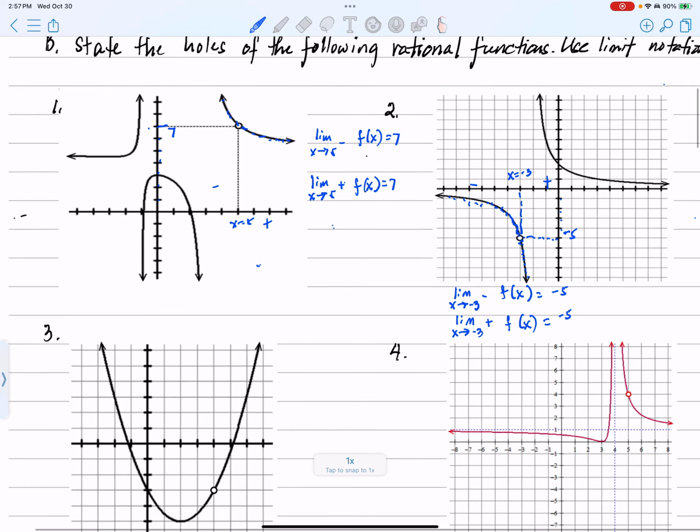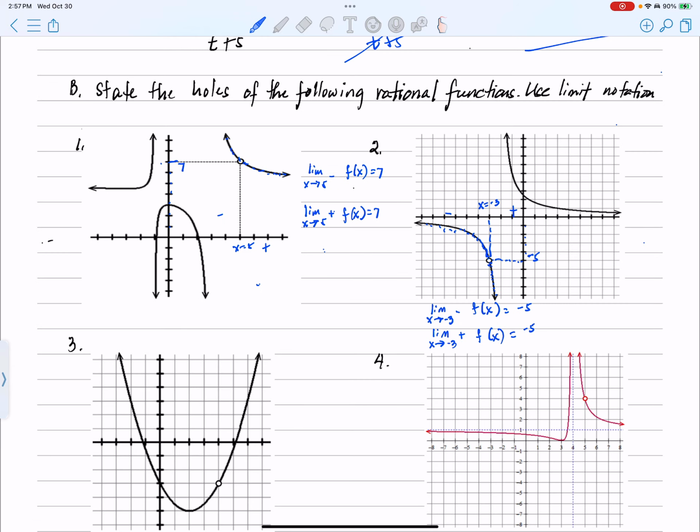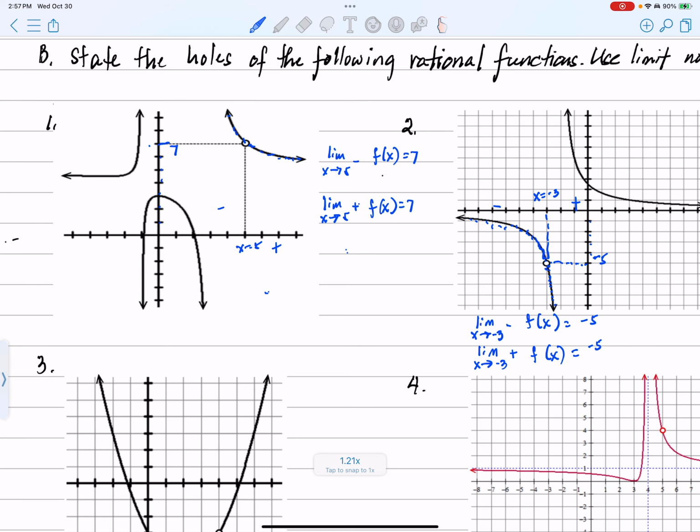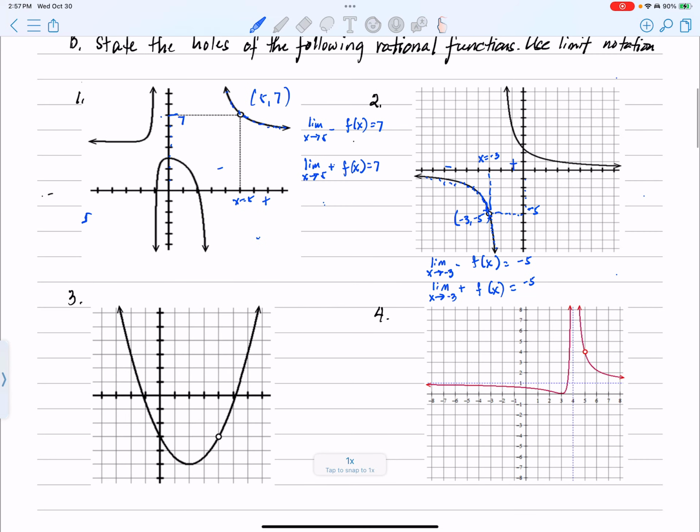Like in this case, the coordinate is 5 and 7. And in this case, the coordinate of the hole is -3 and -5. That's the location. Okay, let's have the third one.